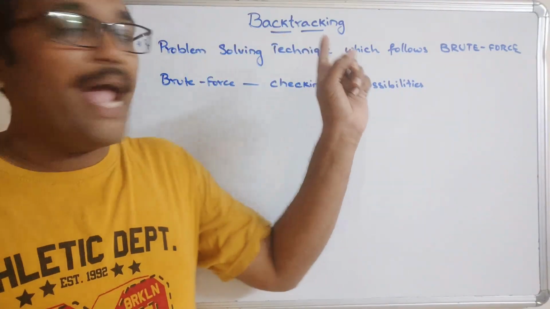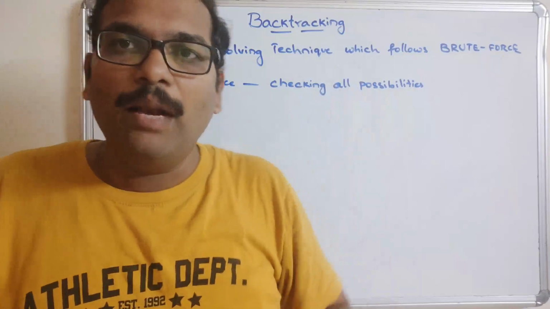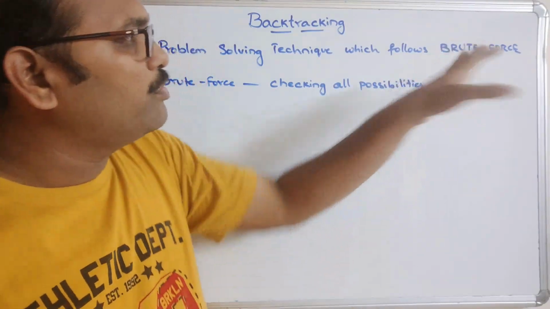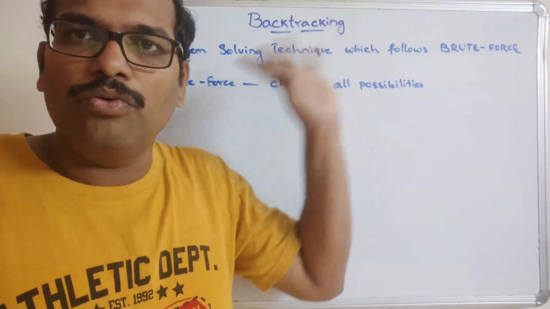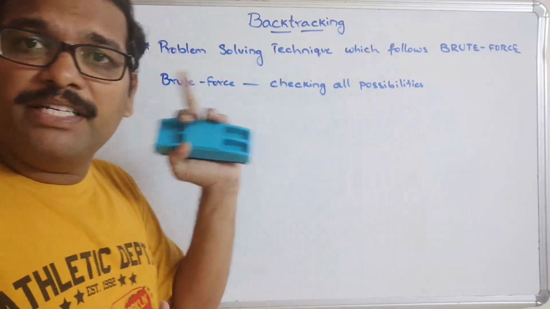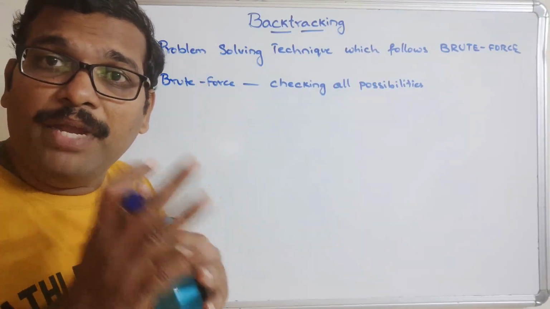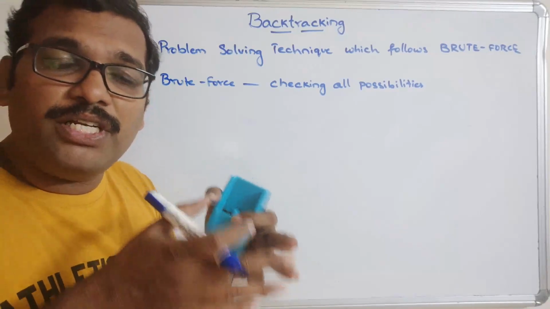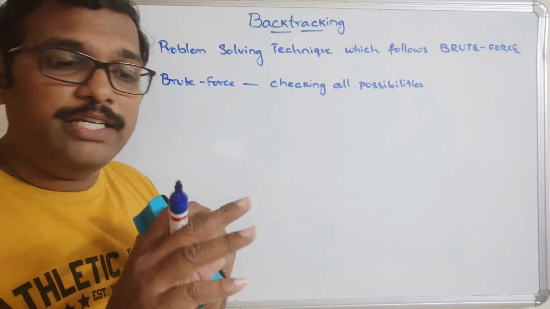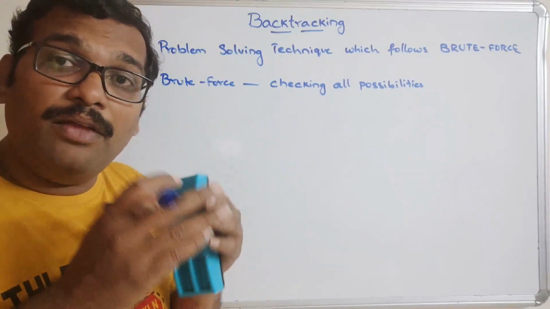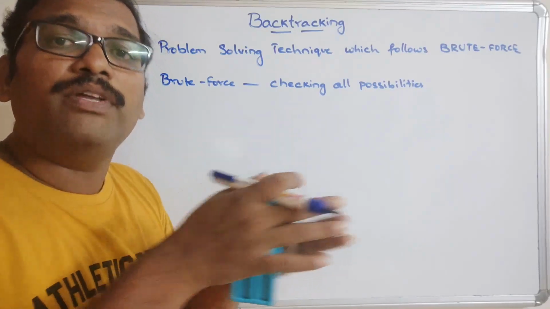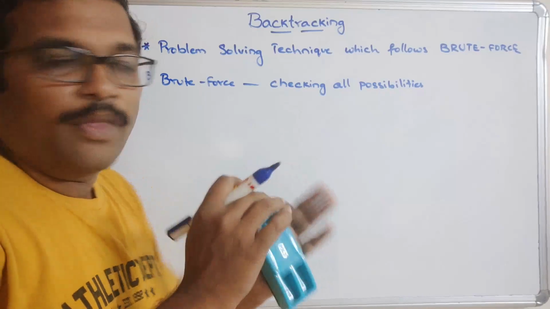And here backtracking works with the help of brute force, with some additional technique used to solve the problem. The name itself indicates it: backtracking means if the current solution is not viable or not proper, then immediately we can undo. That means we can backtrack to the previous point and go with an alternate path.